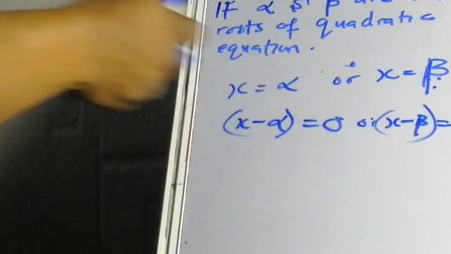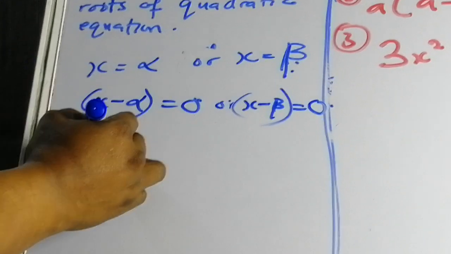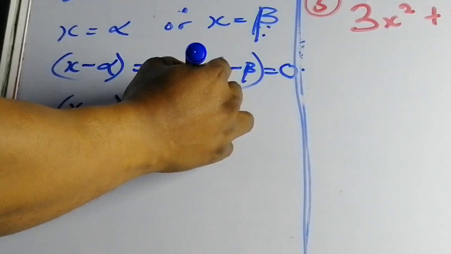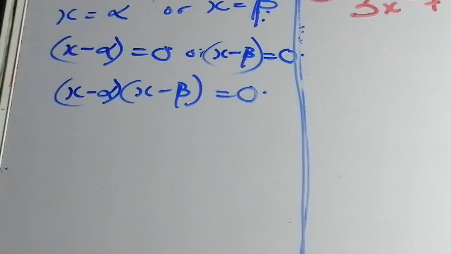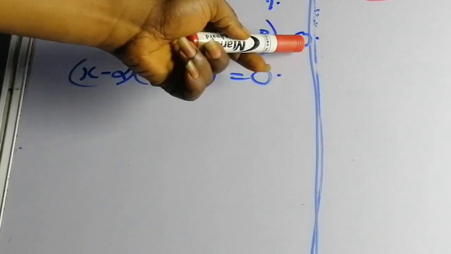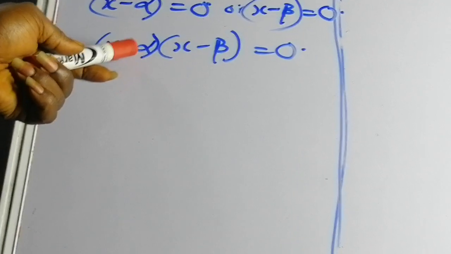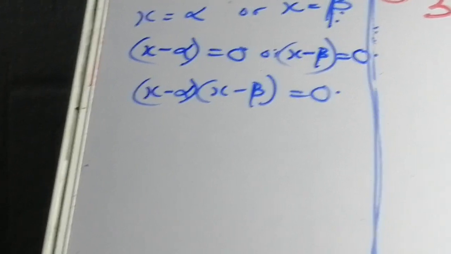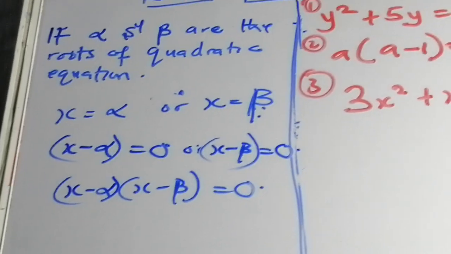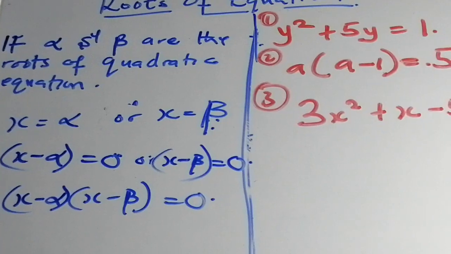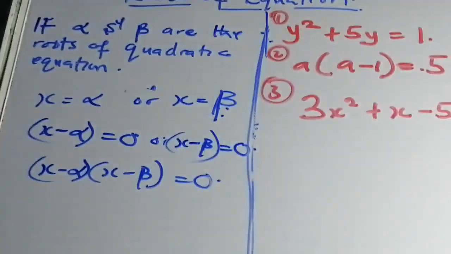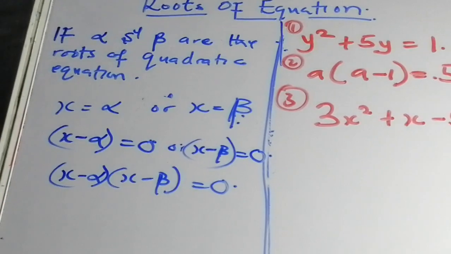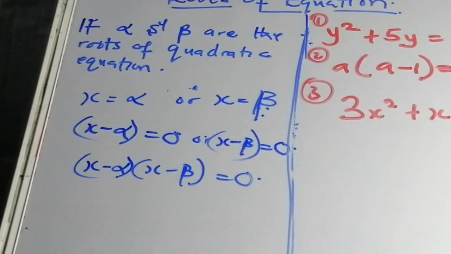So there's nothing new. This is the same thing as (x minus alpha)(x minus beta) equals 0. I can either say x minus alpha equals 0 or x minus beta equals 0, it is just normal factorization. This is the general alpha and beta that we normally use in mathematics, so just try to learn that by heart for roots of equation in quadratic equation part 11.